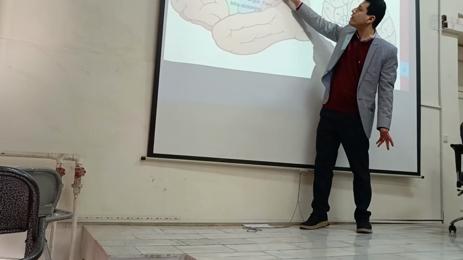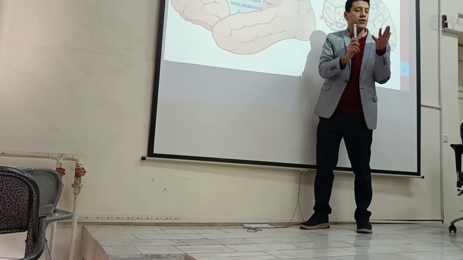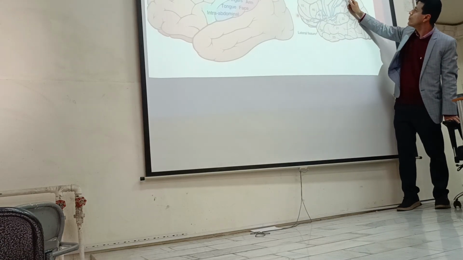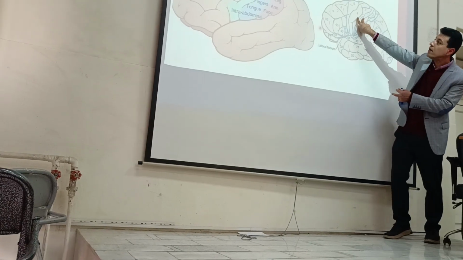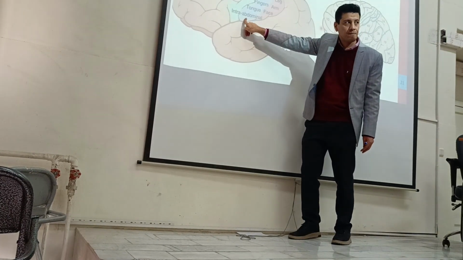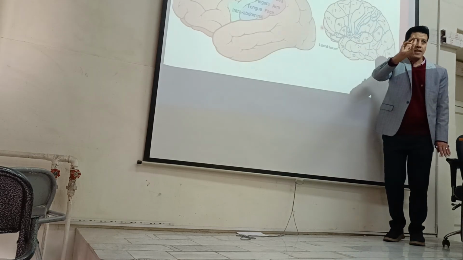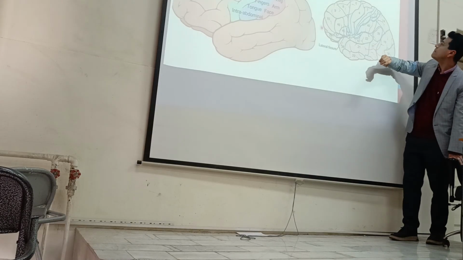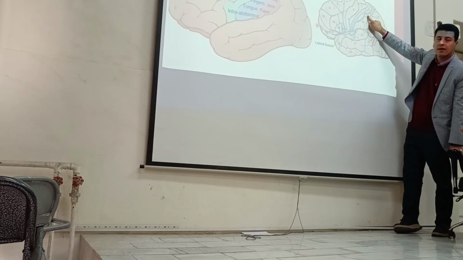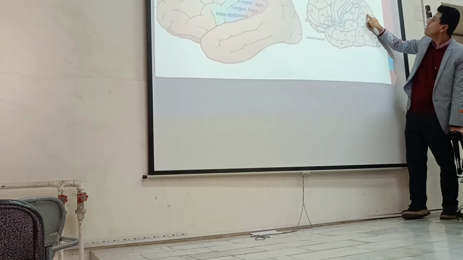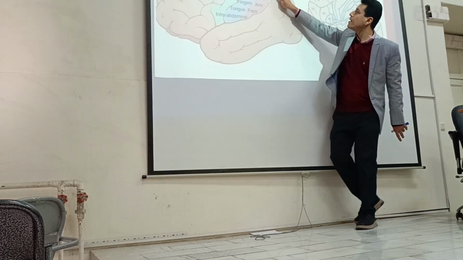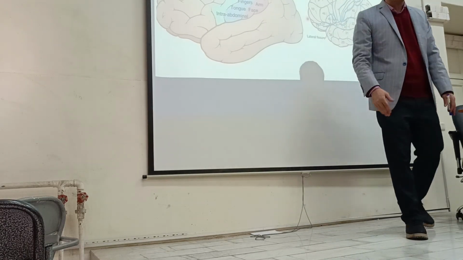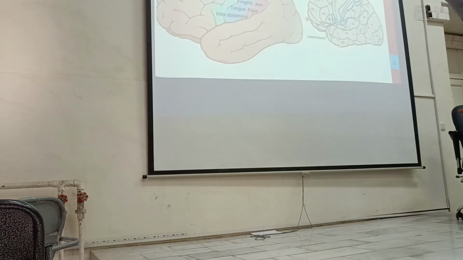But here, somatosensory area 1 includes Brodmann areas 1, 2, and 3 collectively. Got this? And I told you that we have two areas called somatosensory association areas. They are located here: area 5 and area 7.